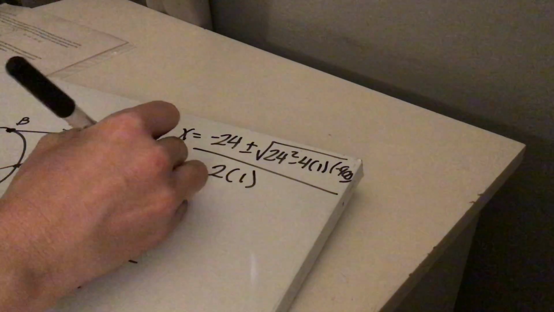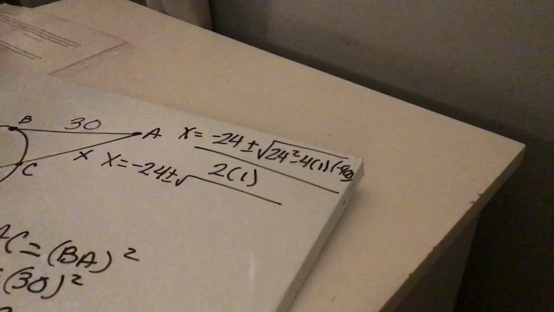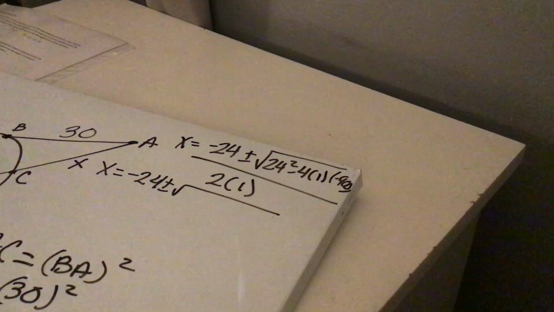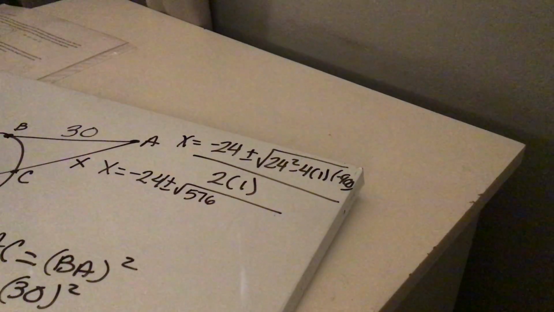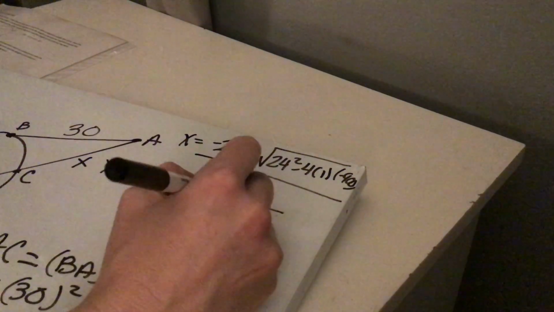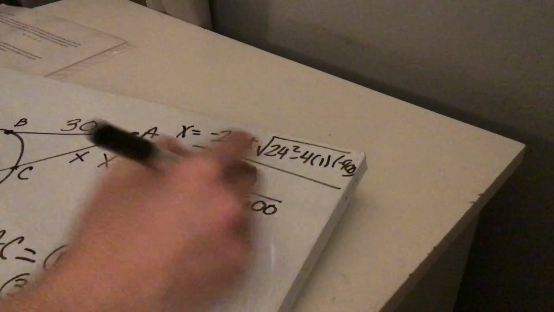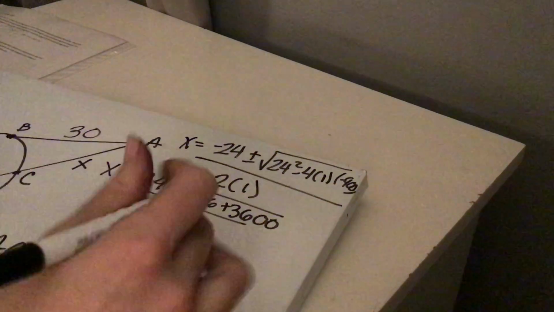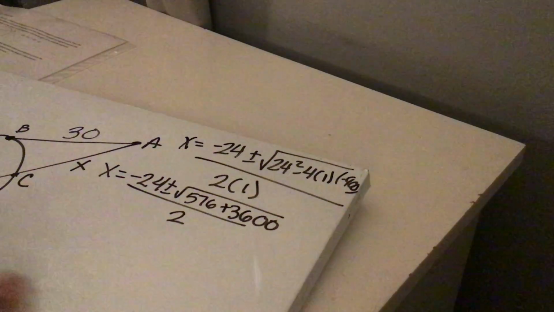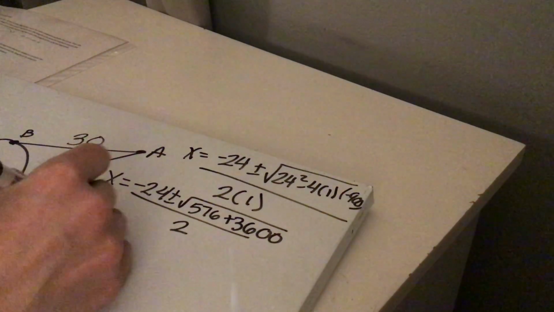Simplifying, so negative 24 plus or minus the square root of 24 squared plus 3600, divided by 2. This is in your notes. I'm just erasing a little bit of it.